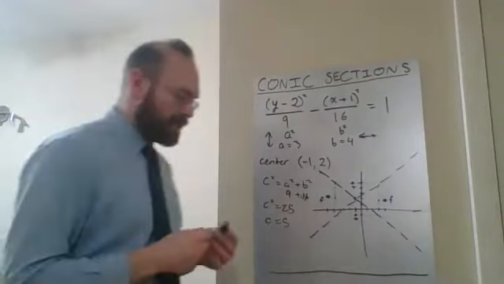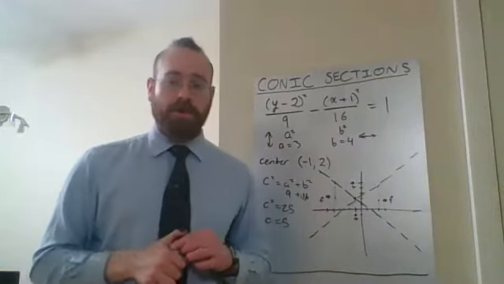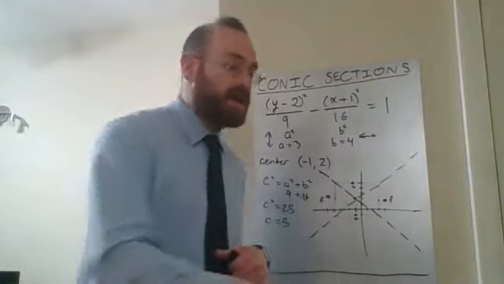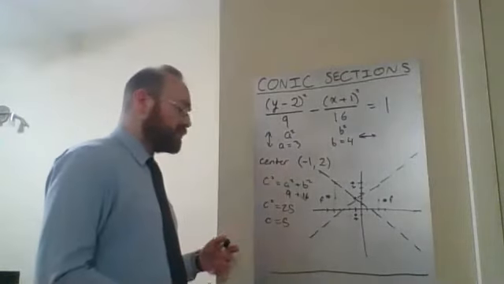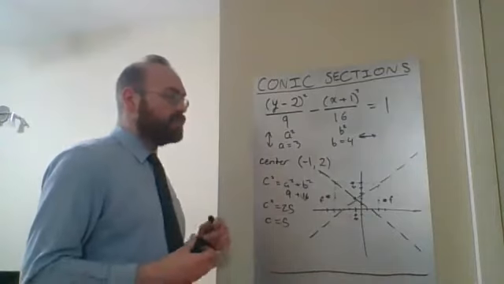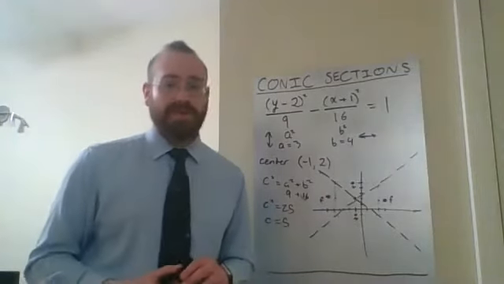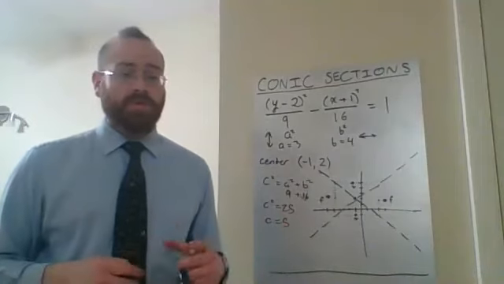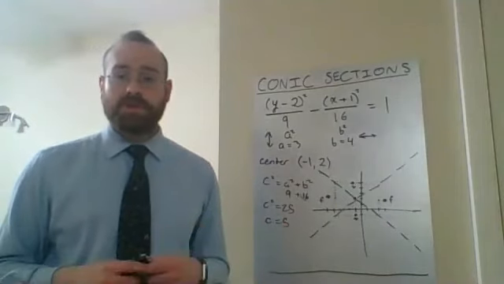And then once I have them plotted, I can easily see from the coordinate plane what the coordinates of those points are. More often than not, our focal length will be an irrational number, like the square root of 52 or the square root of 34 or something strange like that.